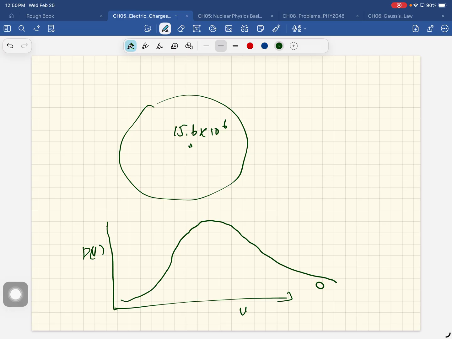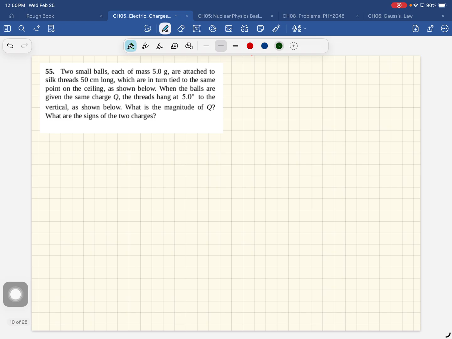So that is 5 degrees, and this is 0.5 meters. What we'll have to calculate is R. Let me draw just one ball.